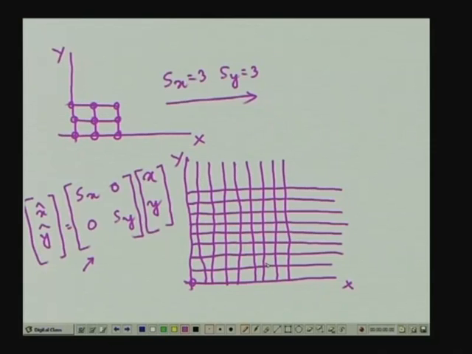Now you find that this 0 0 pixel even after the scaling transformation remains at location 0 0.